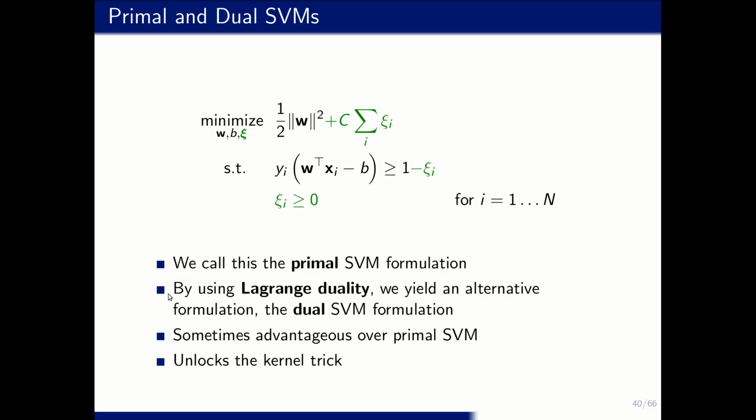This will yield an alternative formulation, the so-called dual SVM formulation, which will sometimes be advantageous over the primal SVM. But the main advantage is that the dual SVM will only depend on inner products of our feature vectors, and therefore we will be able to apply the kernel trick, which is a powerful trick to boost our machine learning algorithms.